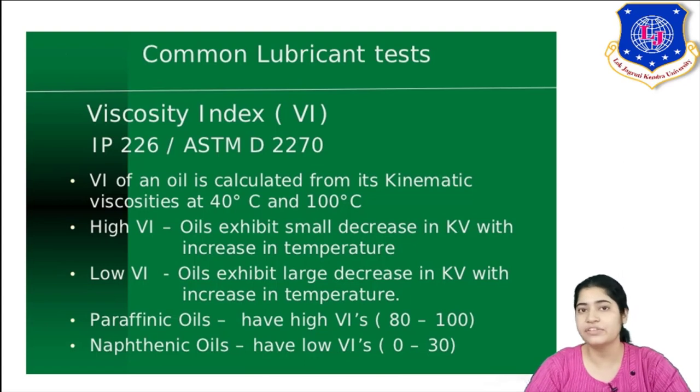A high viscosity index oil exhibits a small decrease in kinematic viscosity with increase in temperature. What is kinematic viscosity? It is the ratio of the viscosity of your oil to the density of your oil. So a high viscosity index means your oil exhibits a small decrease in kinematic viscosity with increase in temperature.